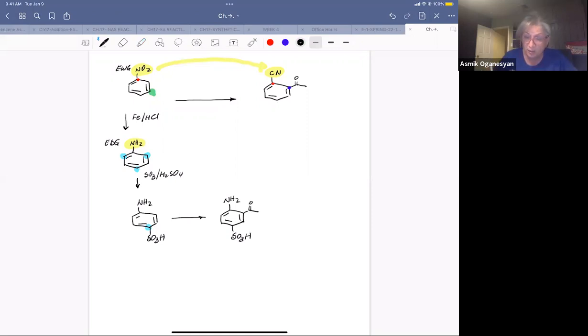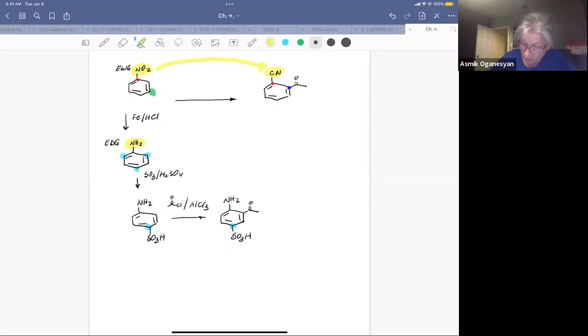As long as your carbonyl compound carries actual ketone functional group and not the aldehyde, you can go with Friedel-Crafts acylation. In this case, we're going to use acetyl chloride, right? And aluminum chloride as a catalyst.